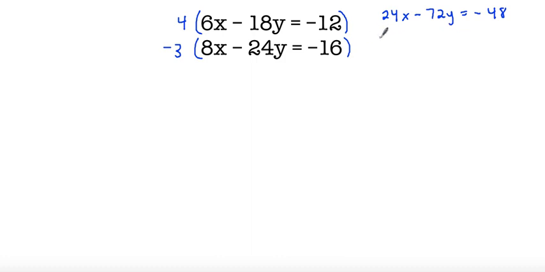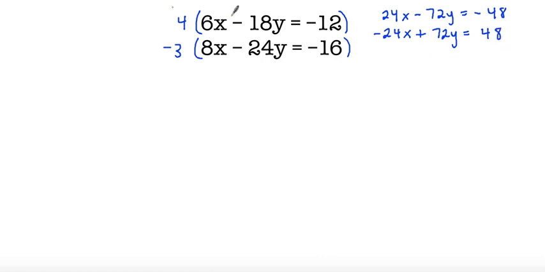And then for my second equation, I have to do negative 3 times 8, which is negative 24x. And then negative 3 times negative 24, which is positive 72y. And then I'm going to also have to multiply negative 3 times negative 16, which is positive 48.